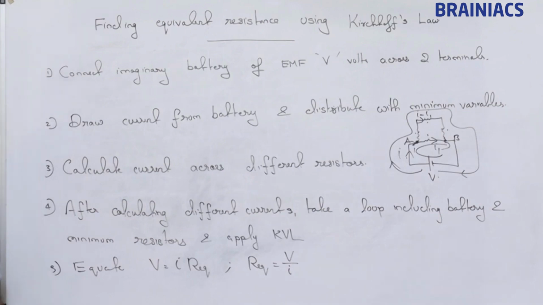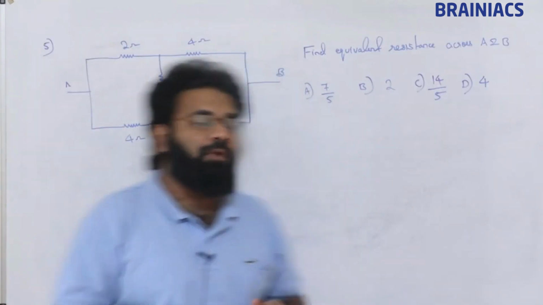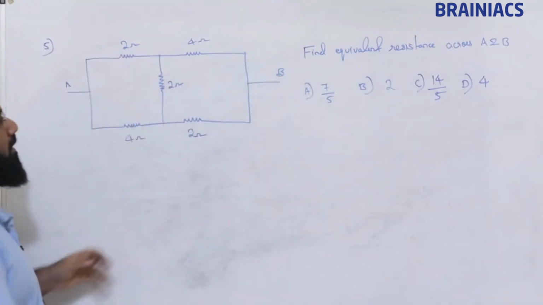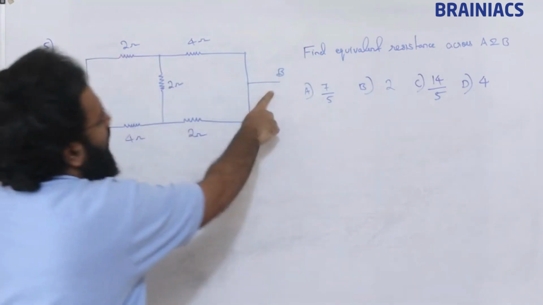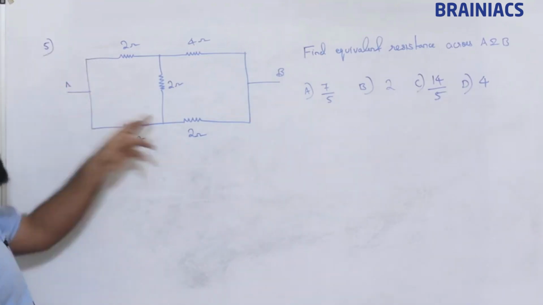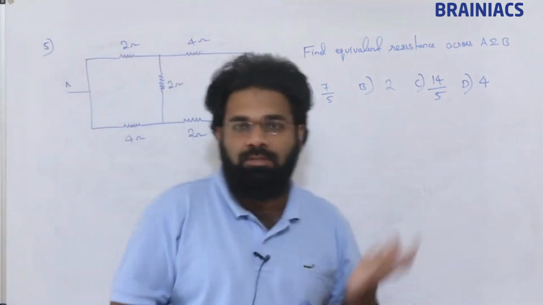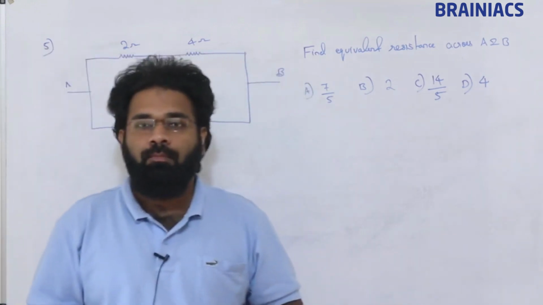Now we will do a problem and see. See this question. Here we need to find the equivalent resistance between the terminals A and B. So what is this? This is actually a Wheatstone's bridge.